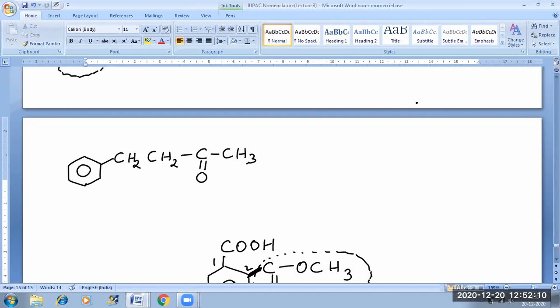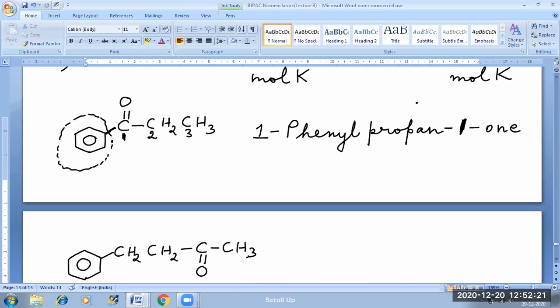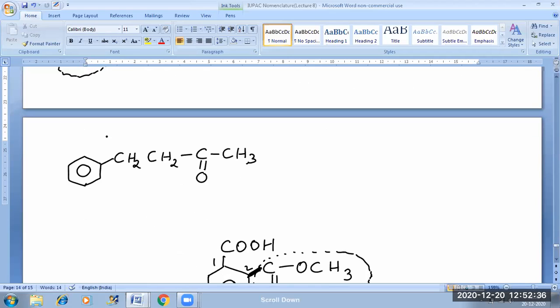Ketone. So it's again ketone. But is this ketonic carbon directly attached to the benzene ring? No, sir. So look at the difference. That's what I'm showing you. In the previous example, the carbon of ketone is directly attached to the benzene ring. But in this example, the carbon of ketone is not directly attached to the benzene ring. So now you cannot write 1 here. This is wrong, because it is not directly attached to the benzene ring.